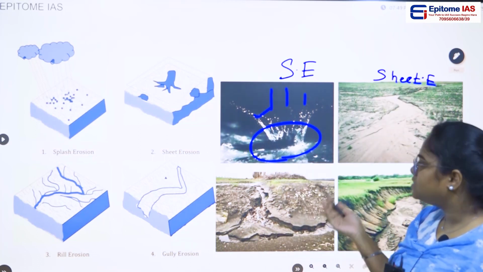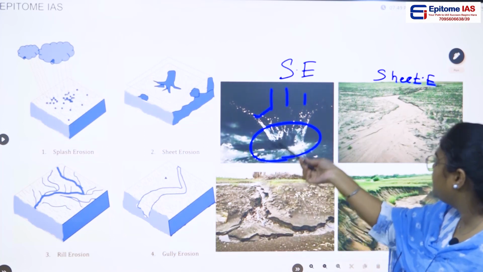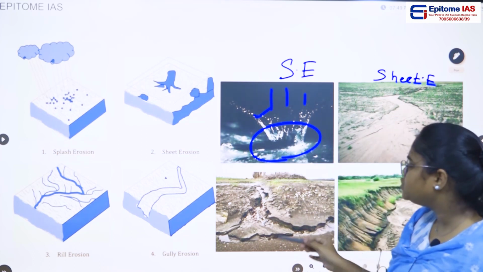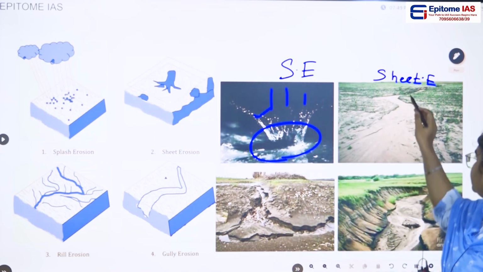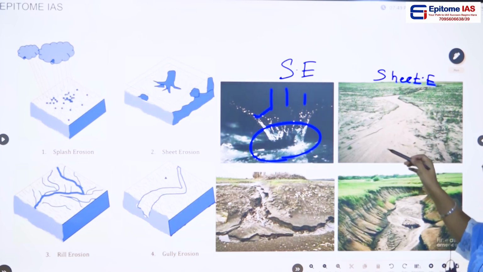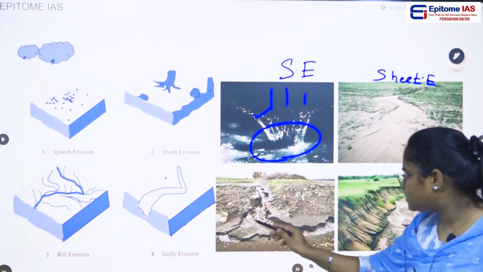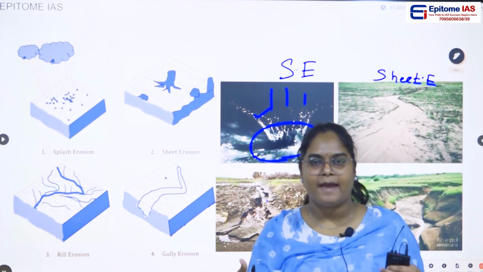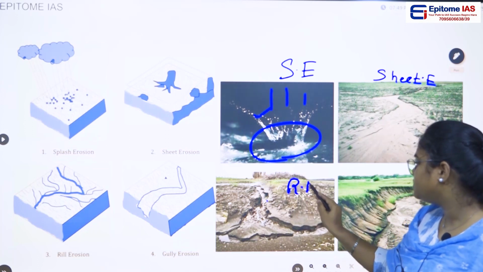And the next procedure would be, first splash erosion will be happening, then the sheet erosion, next the rill erosion. After some time, if the sheet erosion continues, this particular soil will keep on widening, right? So then it will form something like this. A widening of that particular soil will be happening, and this particular erosion is called rill erosion.